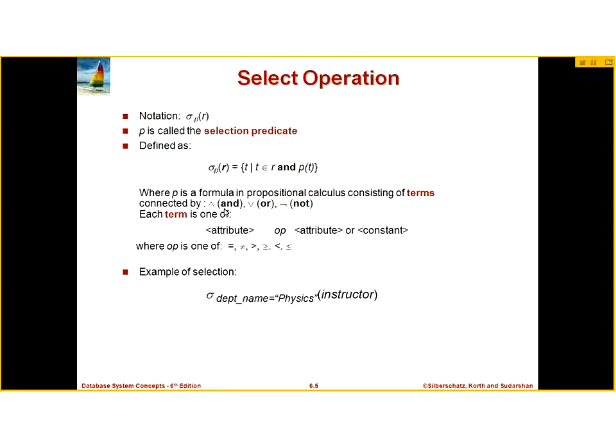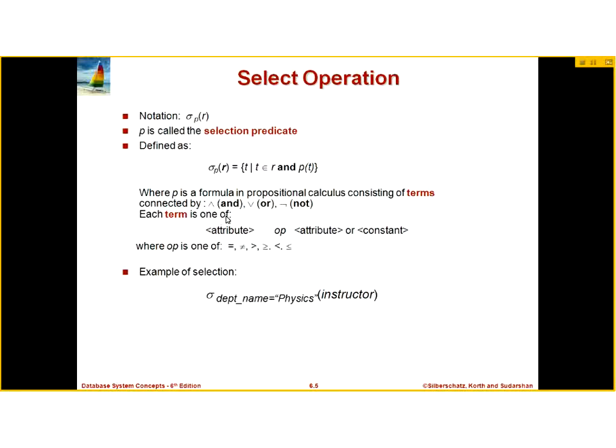Now the selection operation notation is this. The symbol sigma is used for selection. This p, sometimes it is called the selection predicate. This p stands for predicate. It is defined as the selection operator applied on a relation r, and the selection predicate applies on p, where p is a formula in propositional calculus consisting of terms connected by and, or, and not operators.